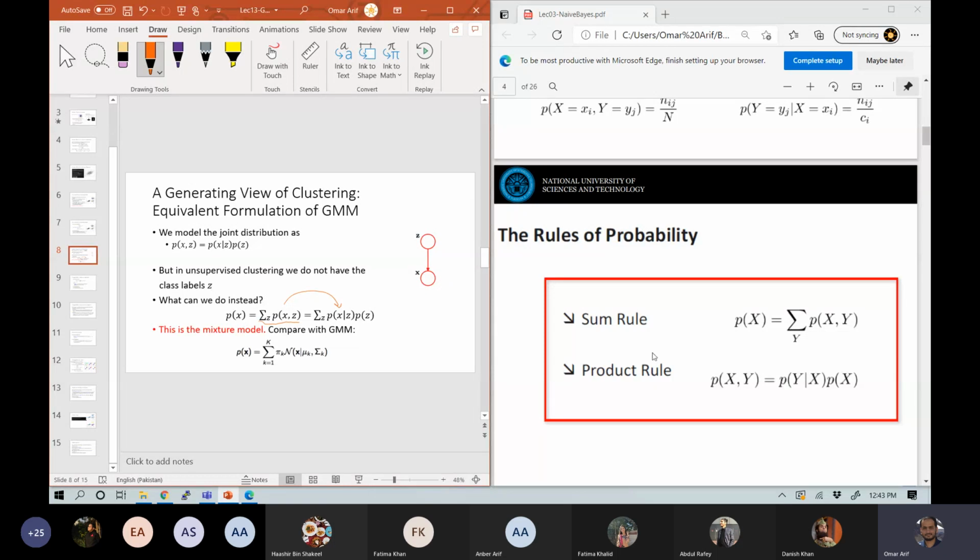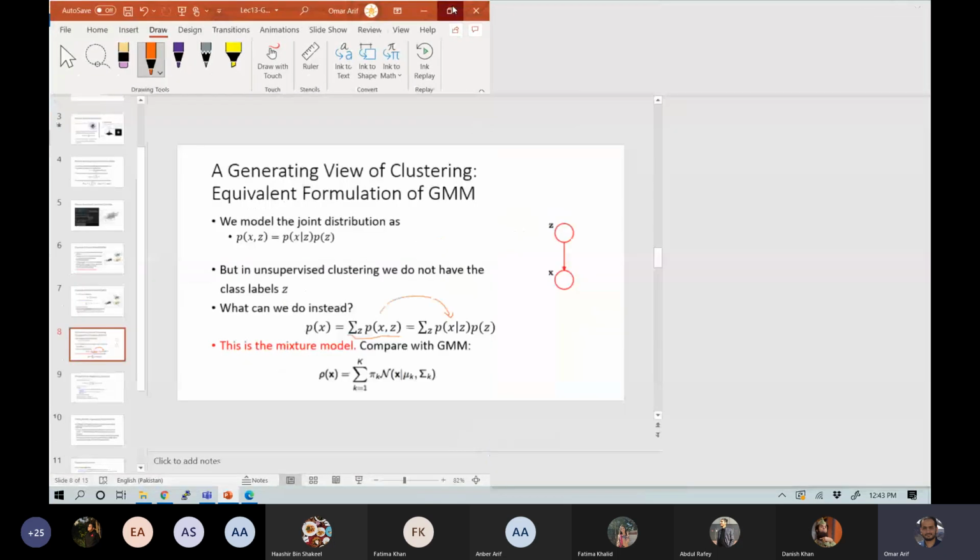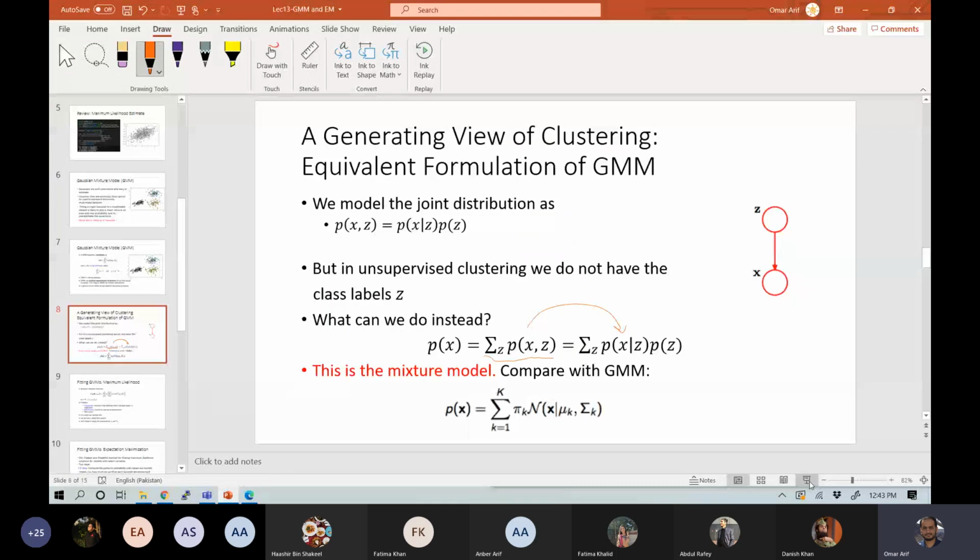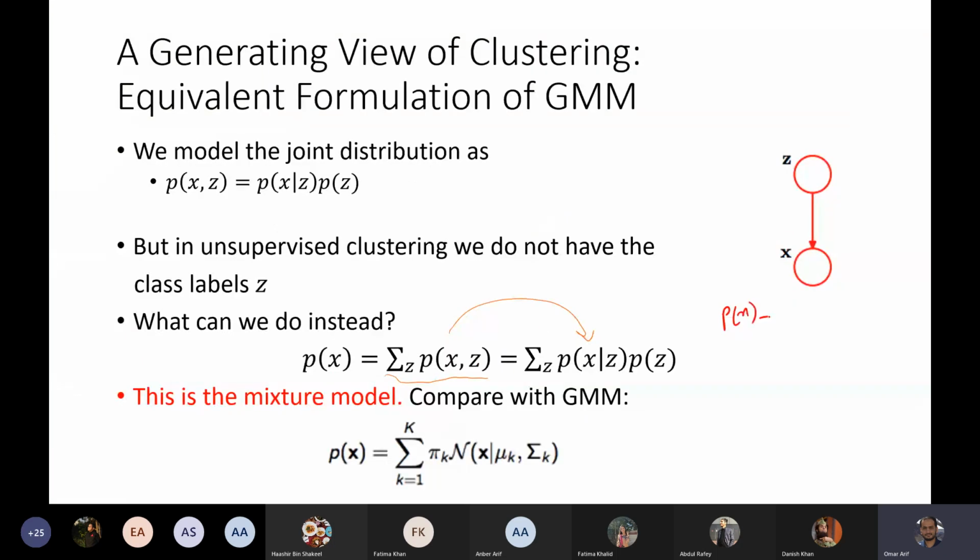So in order to compute the probability of x, we have this equation.